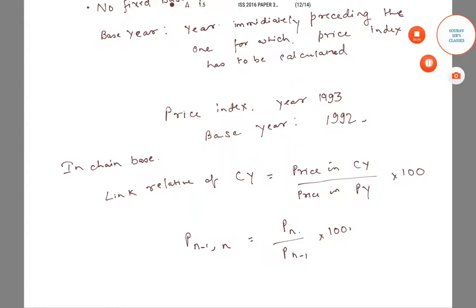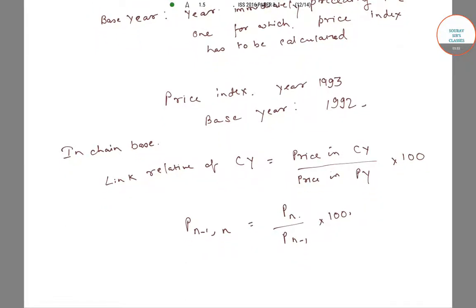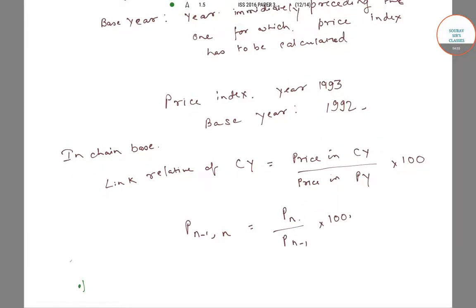Now there are certain advantages and disadvantages of this method. First we will talk about the advantages. One of the chief advantages of this chain index method is that the price relatives of a year can be compared with the price levels of the immediately preceding year.